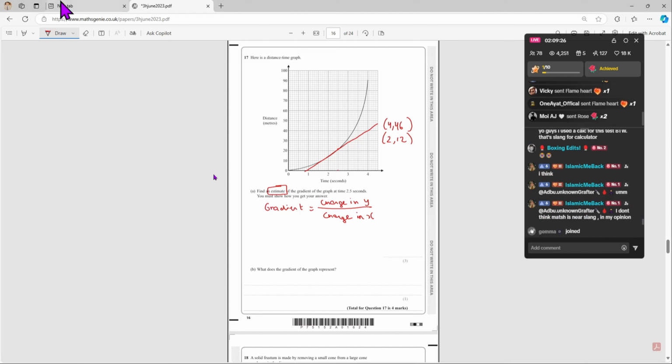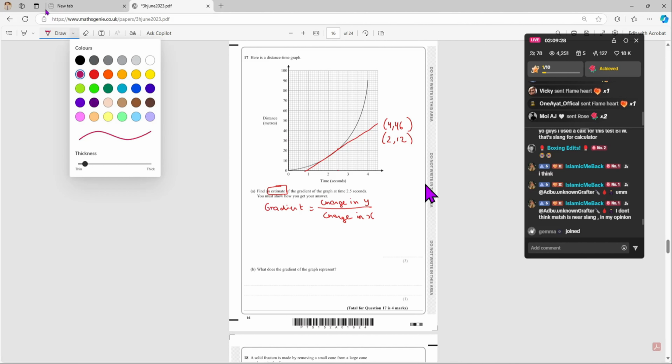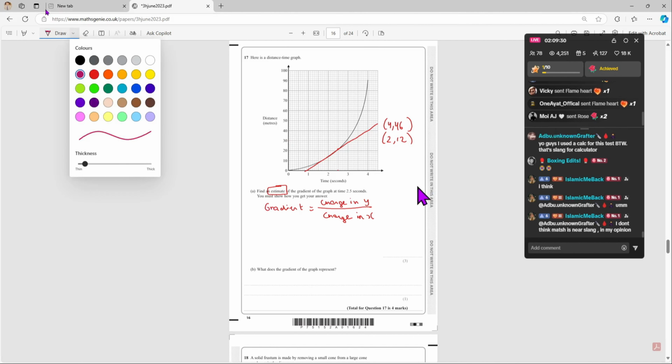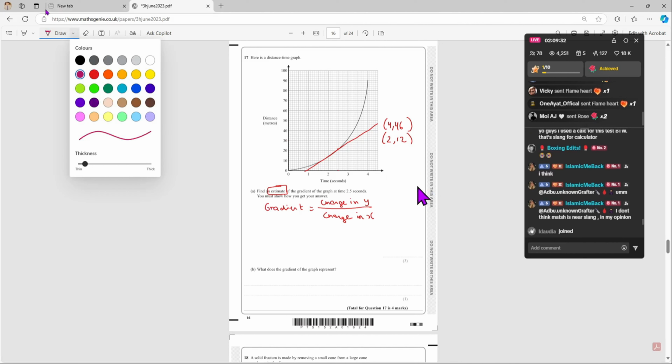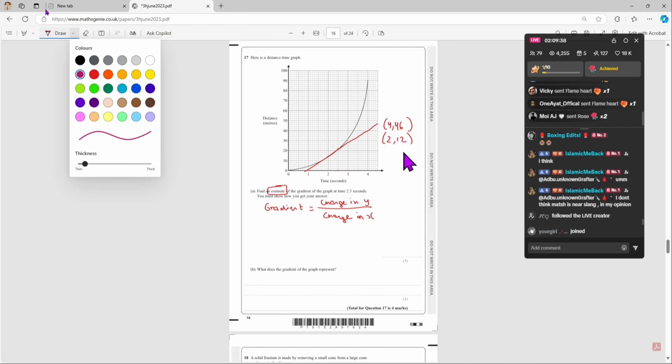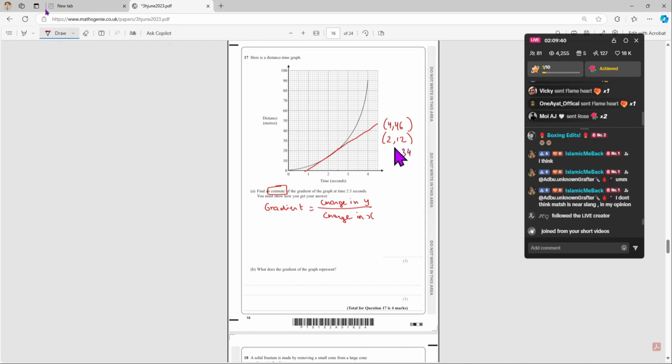Okay, so now once you've got your two points, you have to find the change in y and the change in x. Change in y is going to be 46 minus 12, which is 34, and then change in x is going to be 2. So 34 divided by 2 is equal to 17.